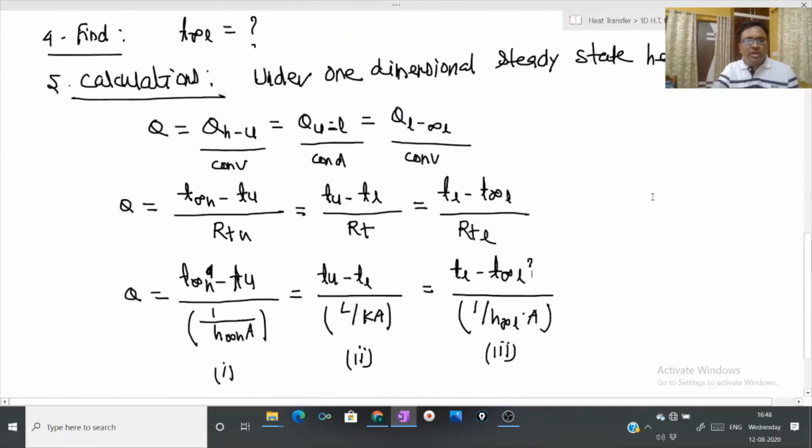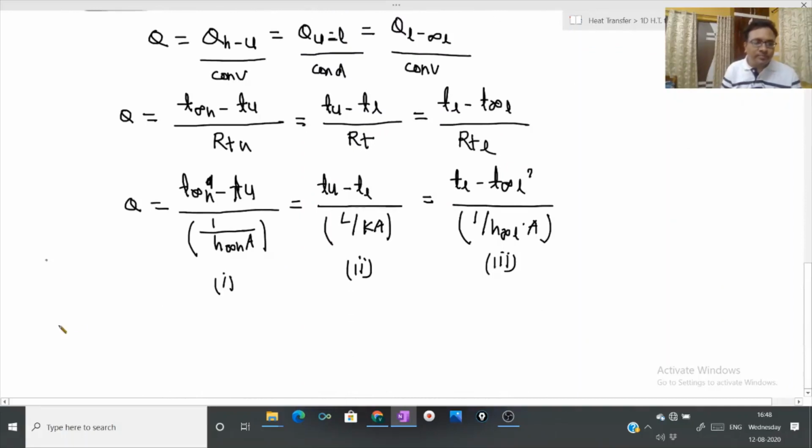Now let us get back to equations 1, 2 and 3. My first aim is to find out Q, and second aim is to find out this. So first I should be able to calculate Q. Once I am able to calculate Q, I must be able to calculate TL, and if I am able to calculate Q and TL both, I can easily calculate T infinity L.